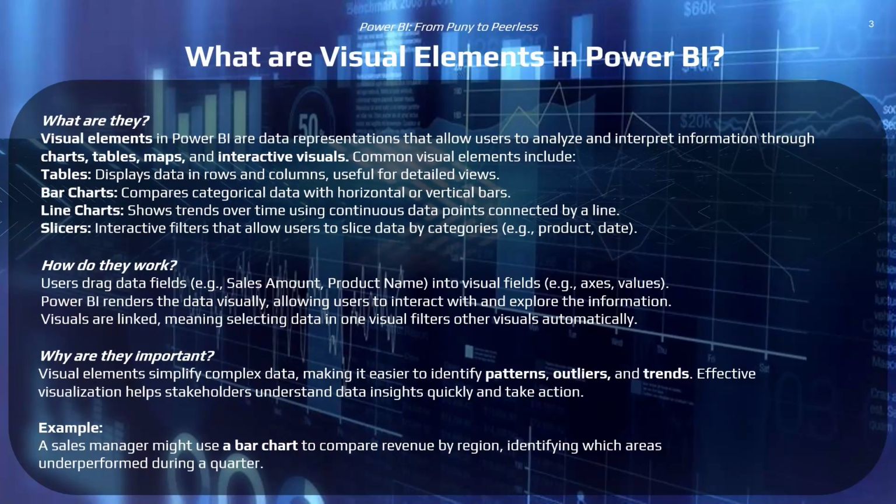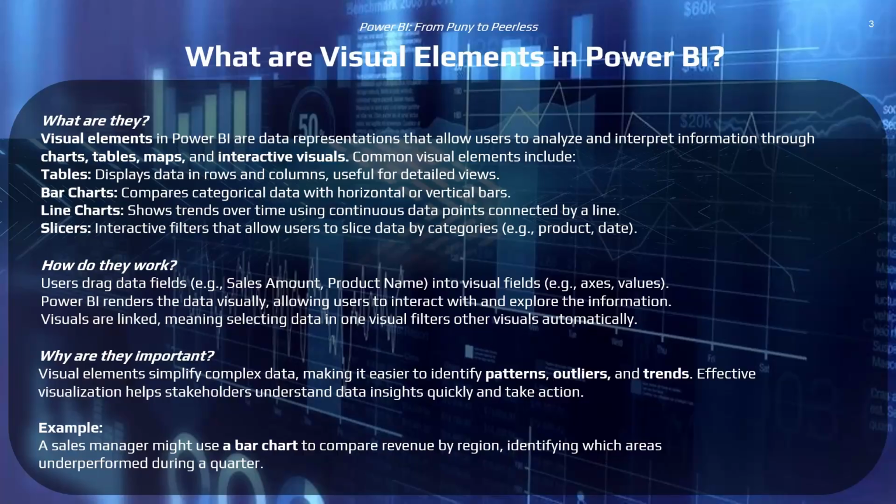What are visual elements in Power BI? What are they? Visual elements in Power BI are data representations that allow users to analyze and interpret information through charts, tables, maps, and interactive visuals. Common visual elements include tables, which display data in rows and columns, useful for detailed views.